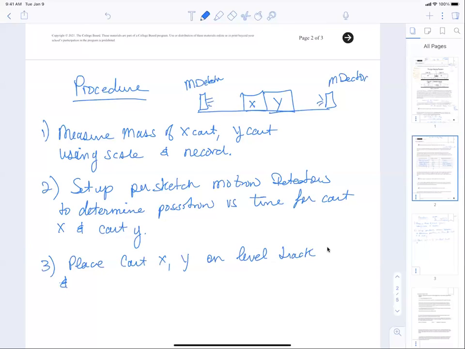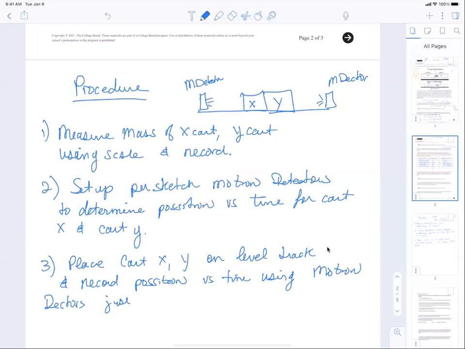And record position versus time using motion detectors just before, during, and after.